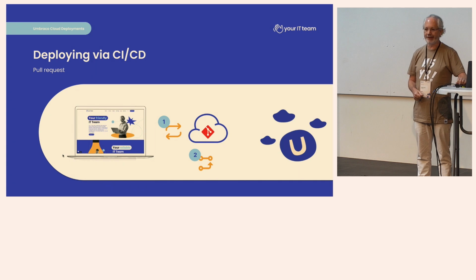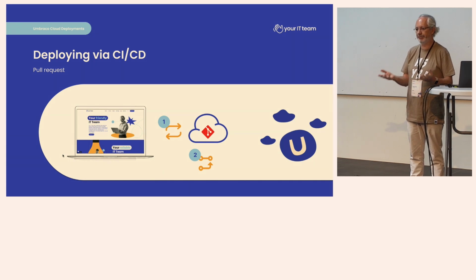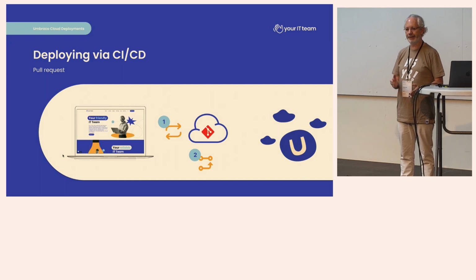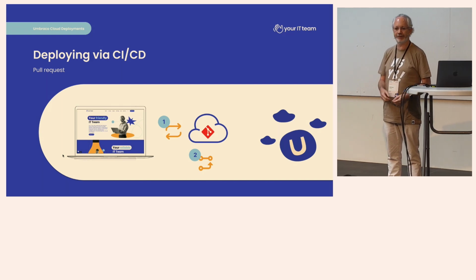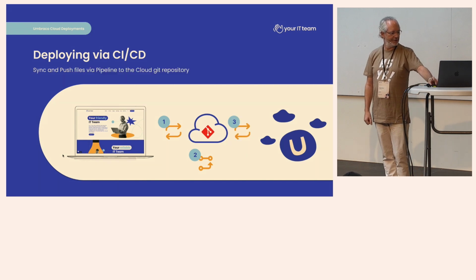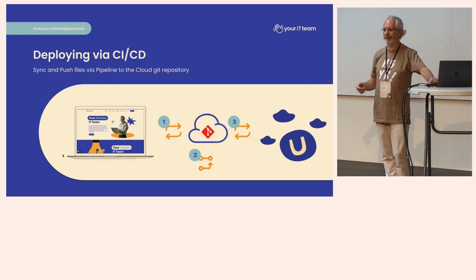And then we had pull requests, possibly, because that's really why you do it in the first place: so that you can actually control who does what and how the code gets in, and do your code reviews and security and testing and everything else that a pull request gives you. And then that pull request would kick off a pipeline which would then push everything up and synchronize it with the cloud.